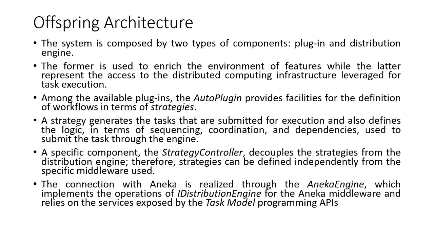The system is composed of two types of components, plugins and the distribution engine. The former is used to enrich the environment with features, while the latter represents the access to the distributed computing infrastructure leveraged for task execution.